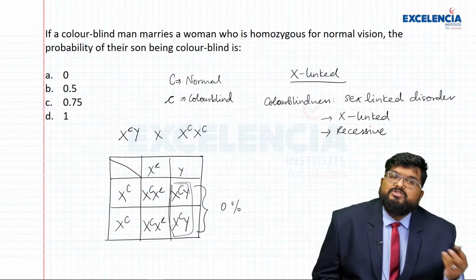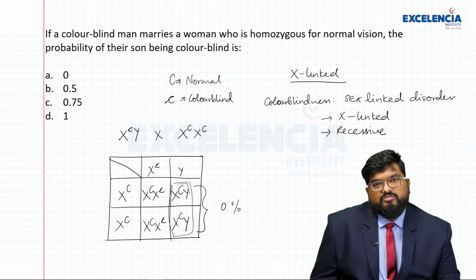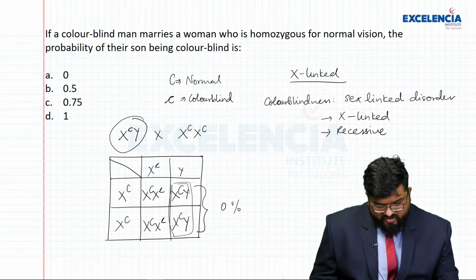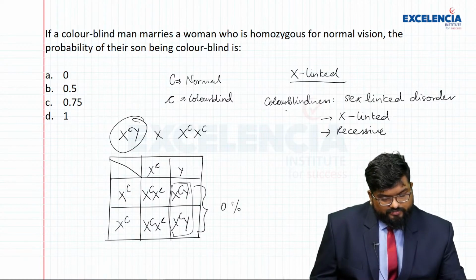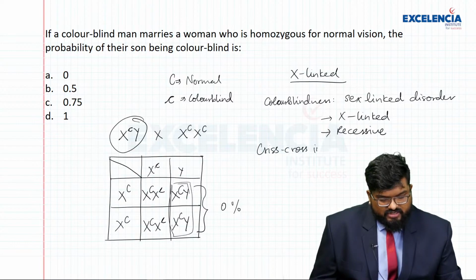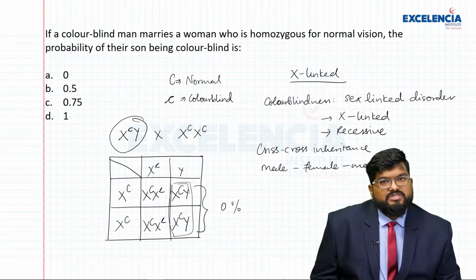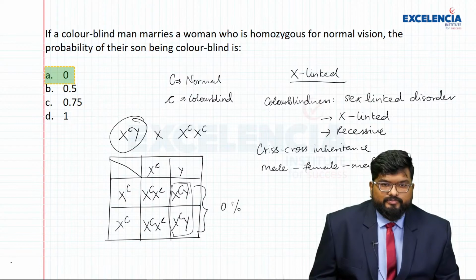In males, since there is no other X chromosome to overcome the defective allele on the X chromosome, the hemizygous condition with a defective allele can still cause color blindness. So color blindness is a sex-linked disorder, and what does it follow? It follows crisscross inheritance, that is from male to female to male and so on. So that is what crisscross inheritance is. So the probability will be 0.